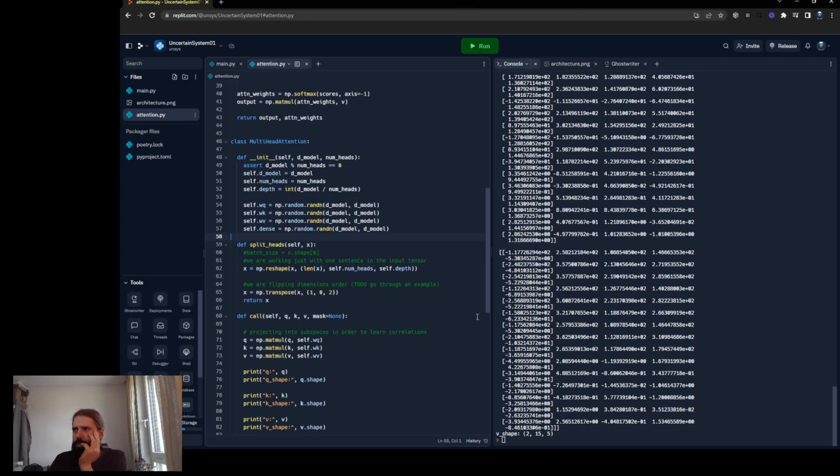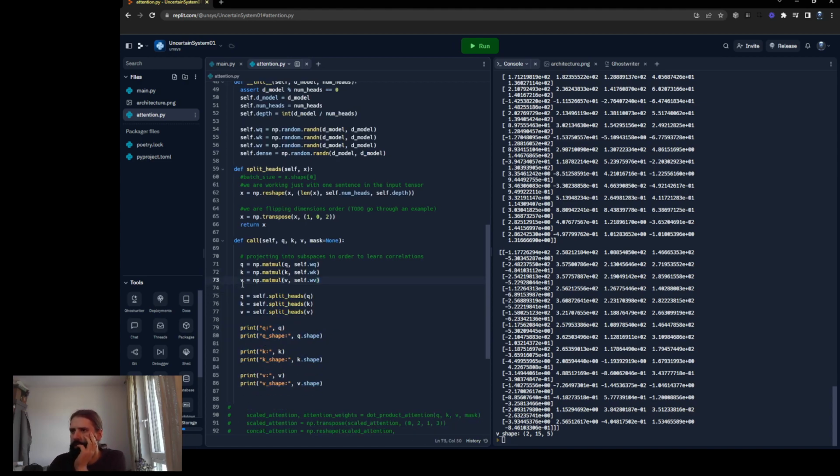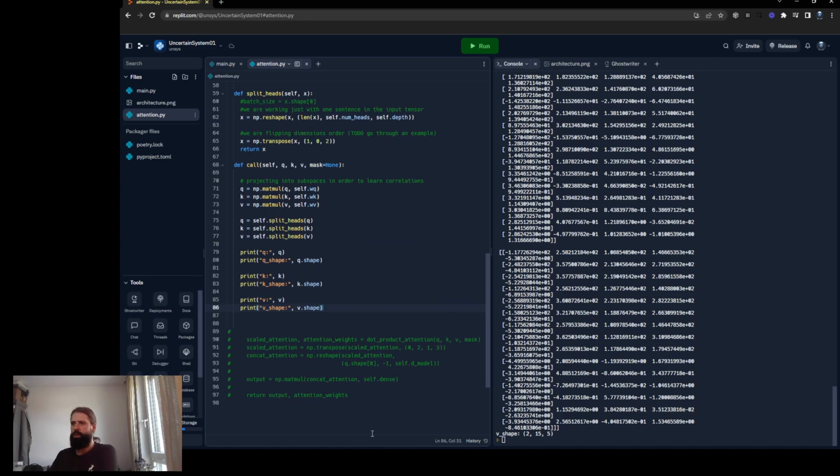So this is the initialization, and then what the call does is it does the projection, and then it prints them. So we don't care about this anymore, and then we're splitting heads.